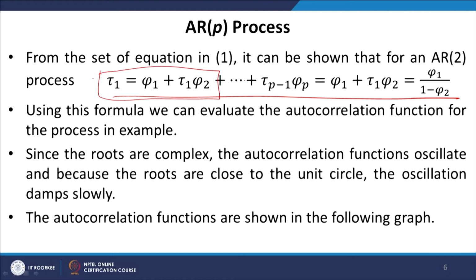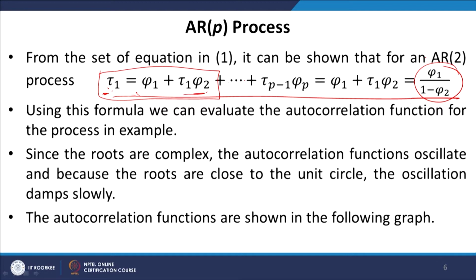So, tau 1 is phi 1 plus tau 1 phi 2 and then by rearranging terms, taking this to the left hand side, I would obtain tau 1 as phi 1 divided by 1 minus phi 2.